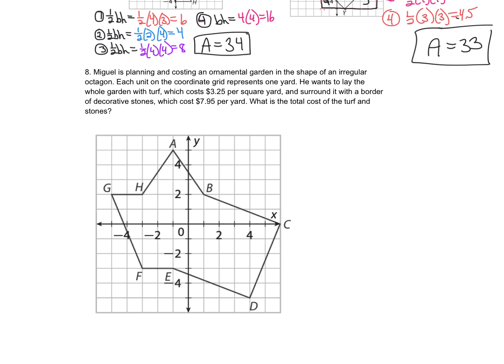What's the total cost of the turf and stone? Well, I'm going to draw my shapes. Now, surrounded with a border of decorative stones is perimeter. So we also need perimeter.